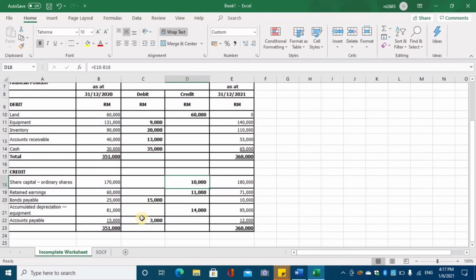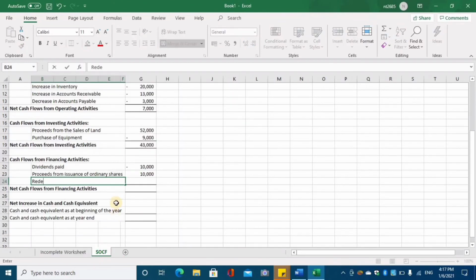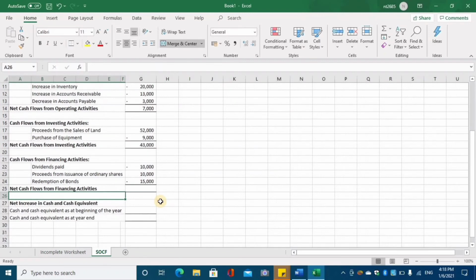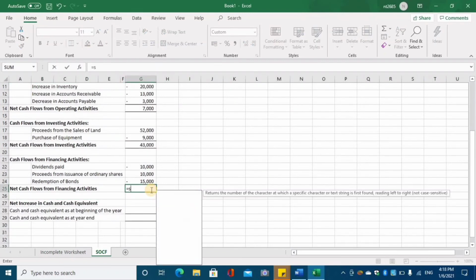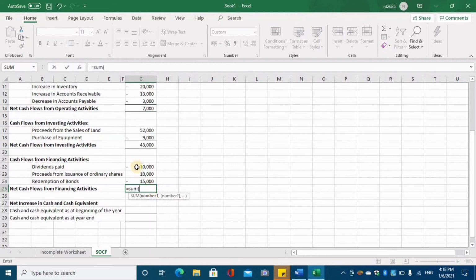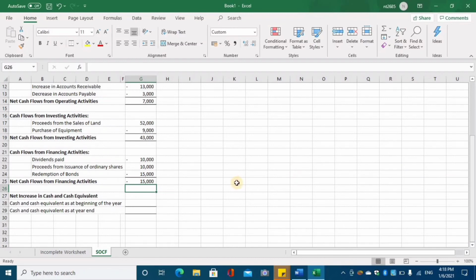Next is bonds, redemption of bonds equal to minus 15,000. Net cash flow from financing activity, we will sum up dividends paid plus proceeds from issuance of ordinary share plus redemption of bonds equal to minus 15,000.